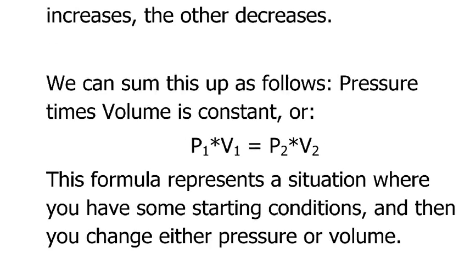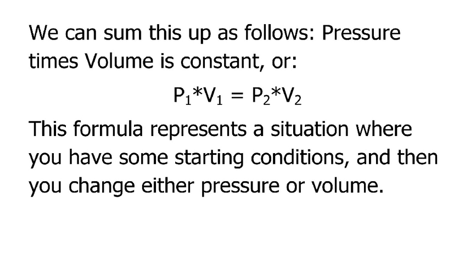The summary of that looks like this: pressure 1 times volume 1 equals pressure 2 times volume 2. So what does that mean? Here we have situation number 1, some initial situation. And then here we've changed something. We're in a different situation, so the variables have changed.